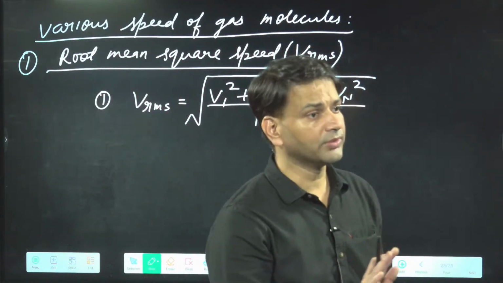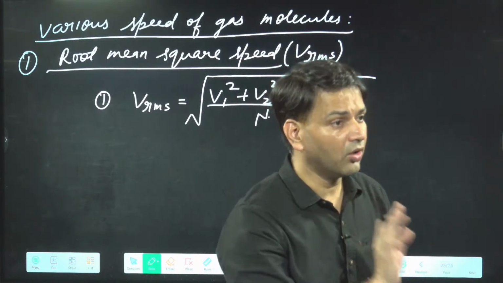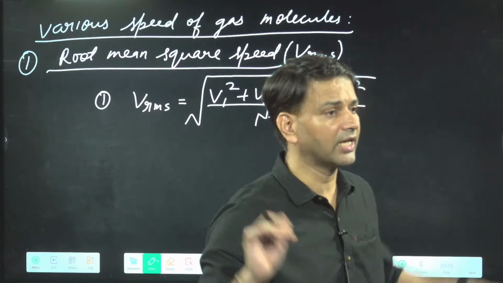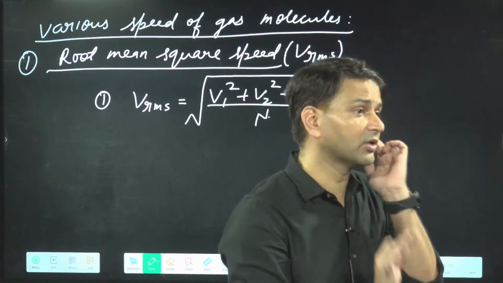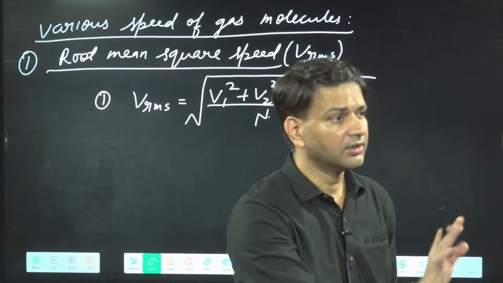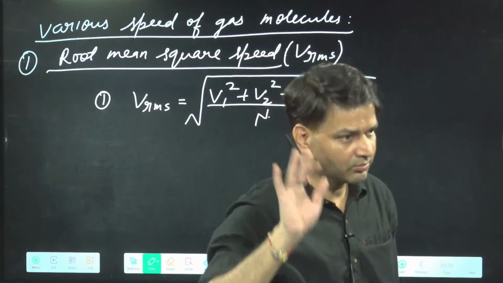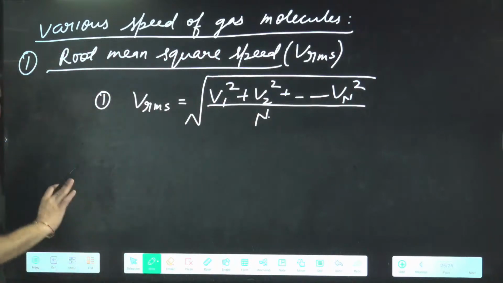And we assume that when they say the average velocity of the gas molecule, or the velocity of the gas molecule, we always take the RMS velocity. Remember, when we say a gas molecule is moving with some velocity, we are talking about the RMS speed, the average speed with which all the molecules are moving. Okay, so this is the basic formula.